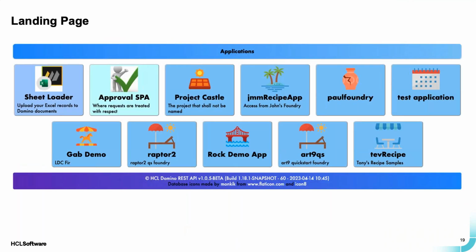And also the applications can have a landing URL associated to them. And if they do, then they will appear on the landing page, and they can be clicked to open that application directly from the Domino REST API landing page.